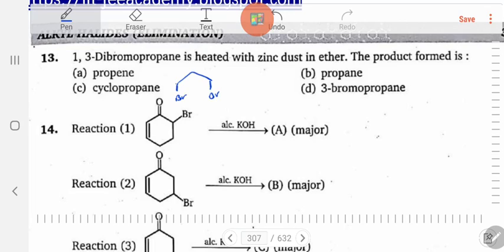Now, if I call this alpha, this will be beta, this will be gamma. So this is nothing but gamma elimination. This is an example of gamma elimination, or we also call this 1,3 elimination.